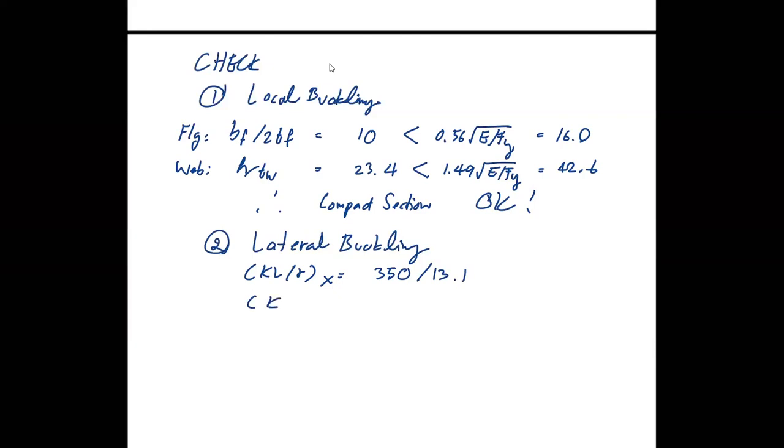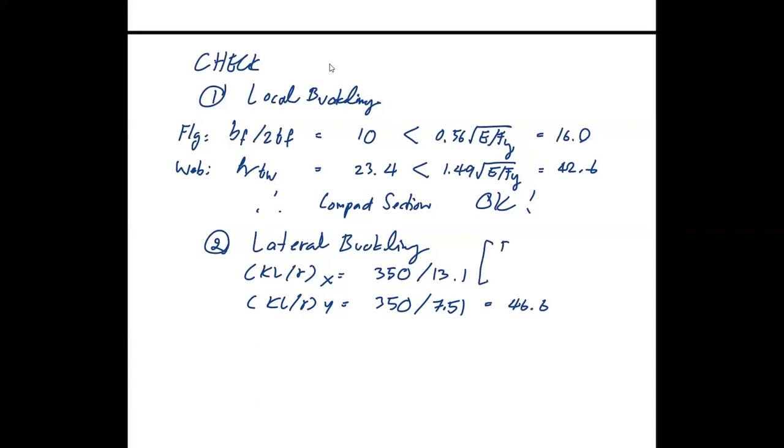And KL over RY now, 350 divided by 7.51. Or you can just say here that by inspection, KL over RY governs because the unbraced length on both axes are the same. So this is 46.6.